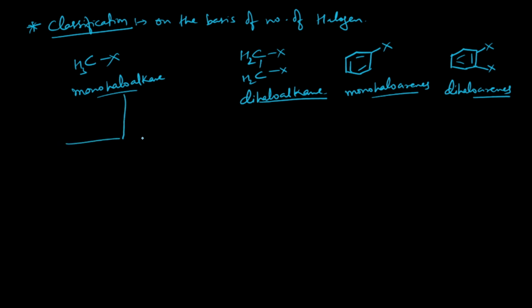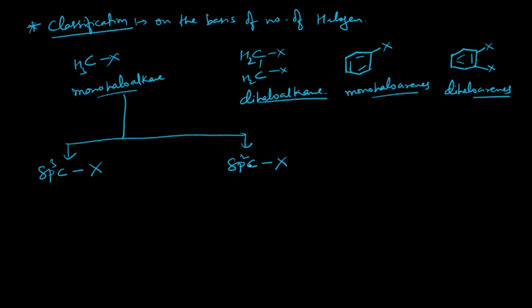Monohaloalkanes we can classify based on whether the halogen is connected to an sp3 carbon or to an sp2 carbon. So this way also we can classify it.